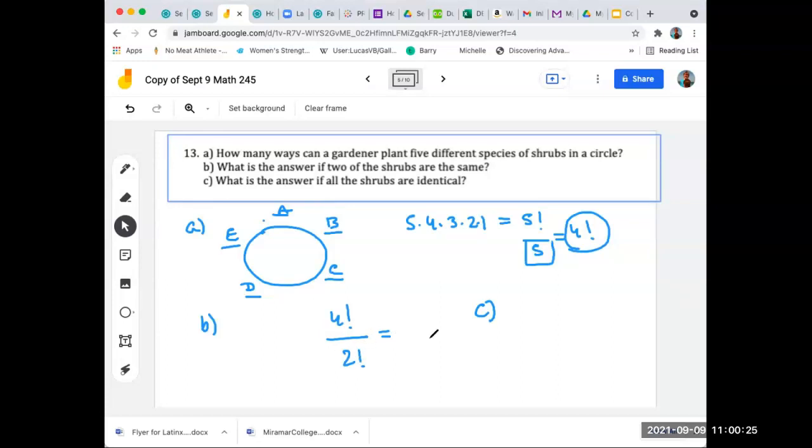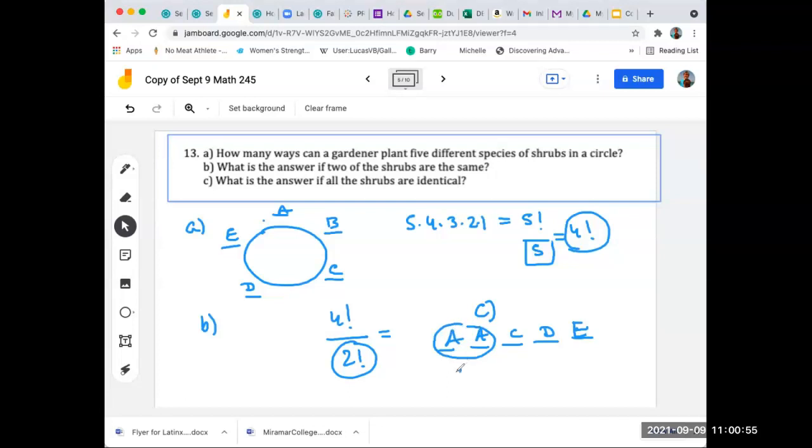This is 2 factorial because let's say I have A, B, C, D, E, and 2 of them are identical. So these are both A's. We divide by 2 factorial because this is basically how many ways I arrange these 2 bushes amongst each other.